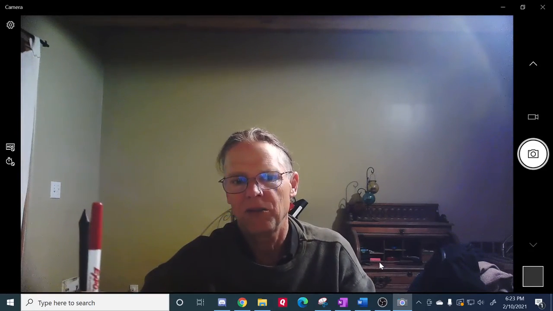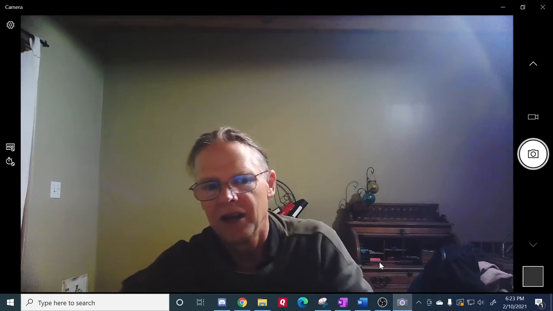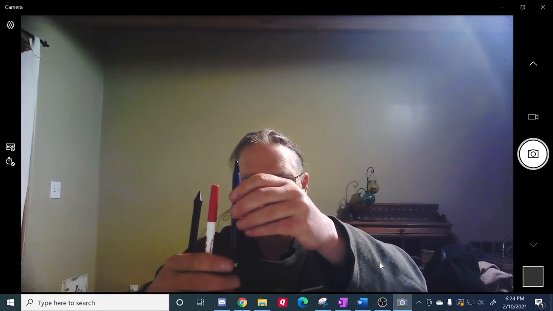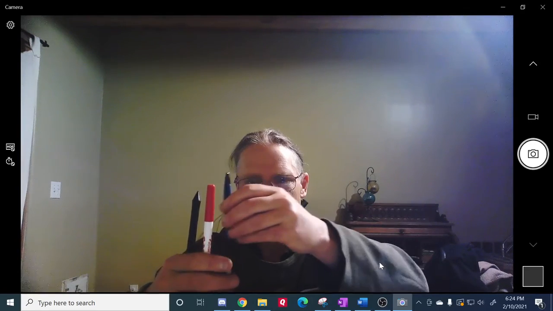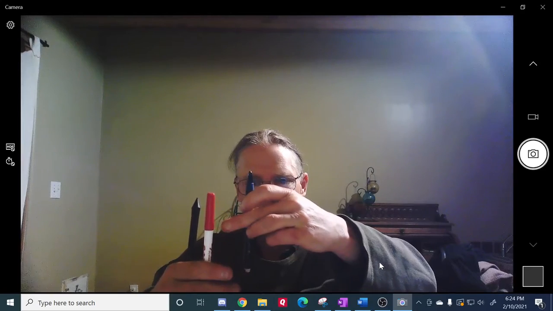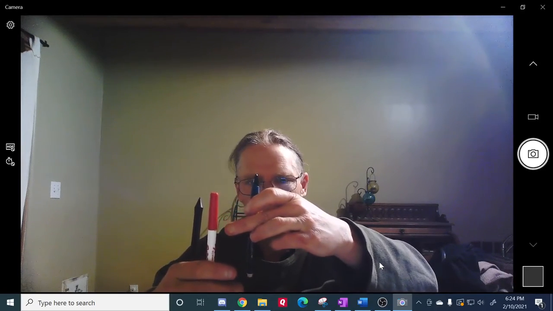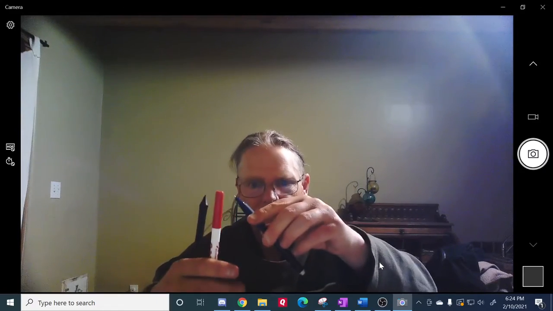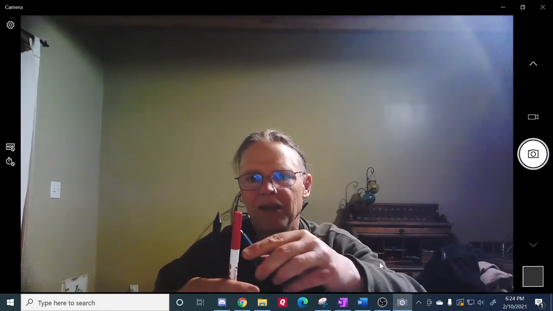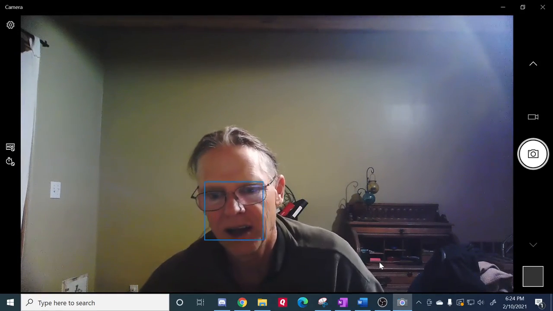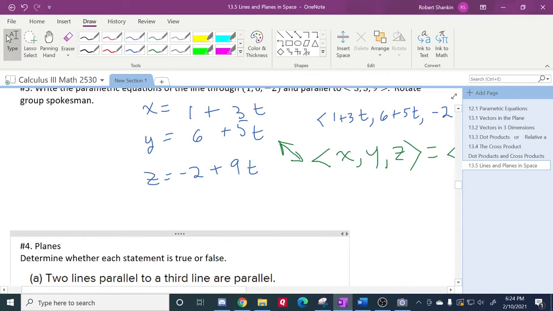The black is parallel to the one with the red tip, and now this mechanical pencil is parallel to the one with the red tip. But no matter how I do it, the black and the blue still have to be parallel to each other. To be non-parallel, we could think they'd hit somewhere, but you can't make them hit. So yes, I would agree this is true.